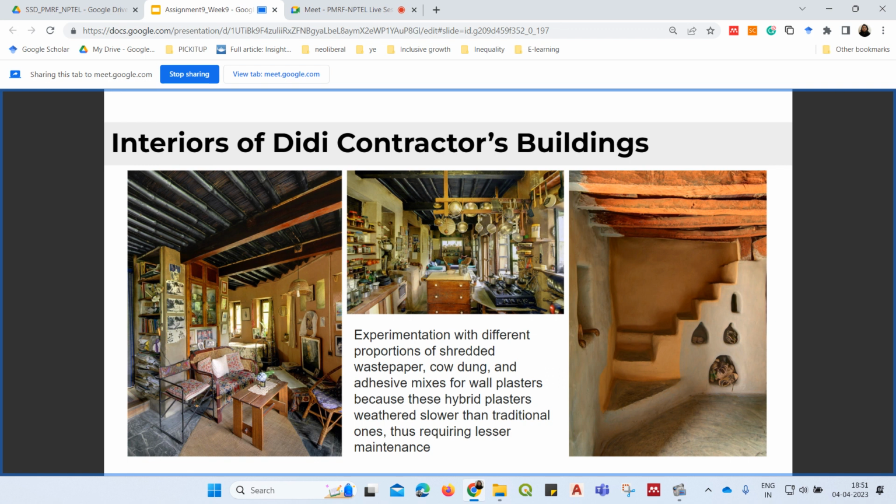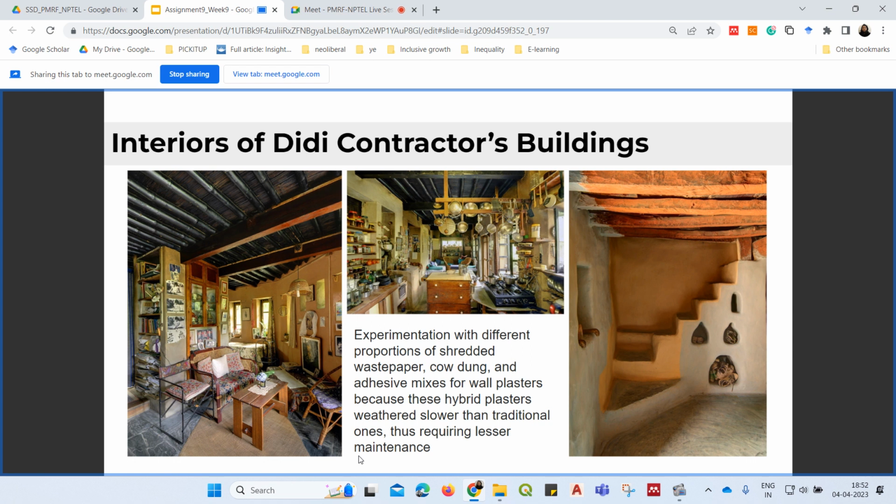However, if you want to create buildings which have a larger lifespan or longer durability, often architects or practitioners experiment with different techniques, bring in different materials, bring in composite building techniques, which are not only vernacular but even a mix of newer building materials or building techniques in order to make the buildings more interesting, have more functions, and even be more durable.